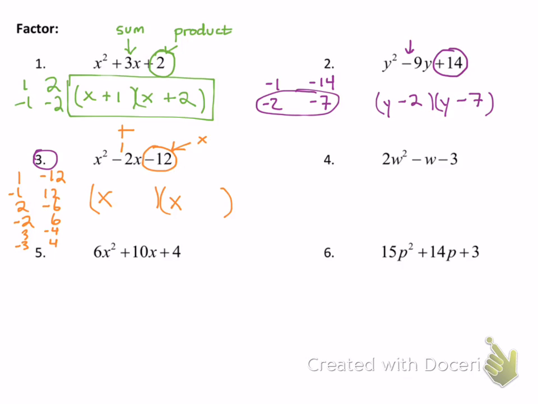Is there even such a number? Adds to the negative 2. If you look at all the factor pairs, no, there is no number. So this doesn't work. This is a very rare case. So this actually doesn't work. What we call this is a prime number. These are prime, right? Numbers that don't have factors other than itself are called prime. Okay, so that was a little bit of a trick there.